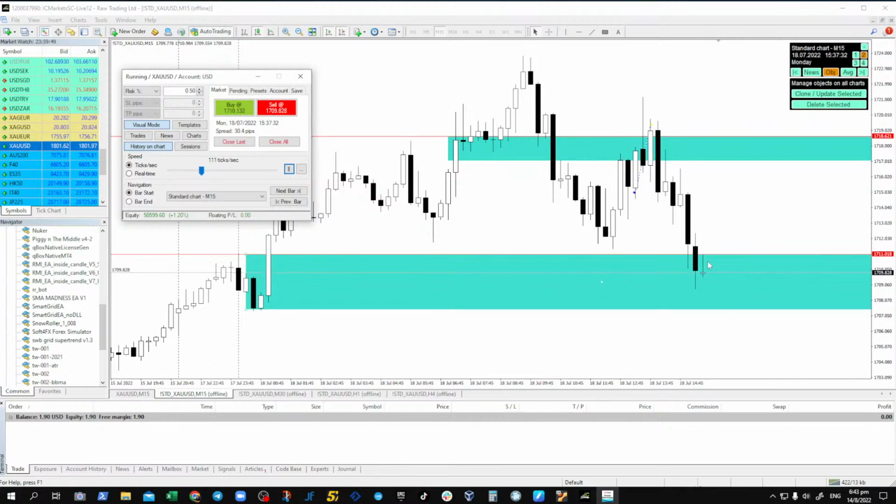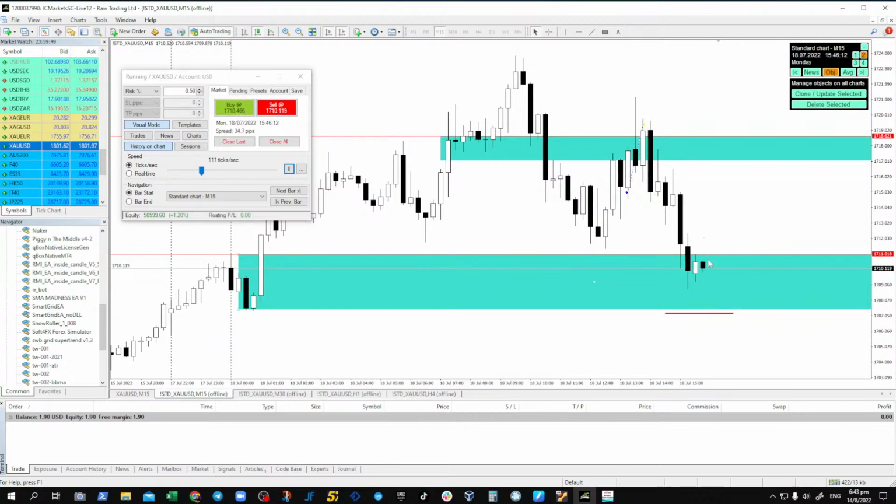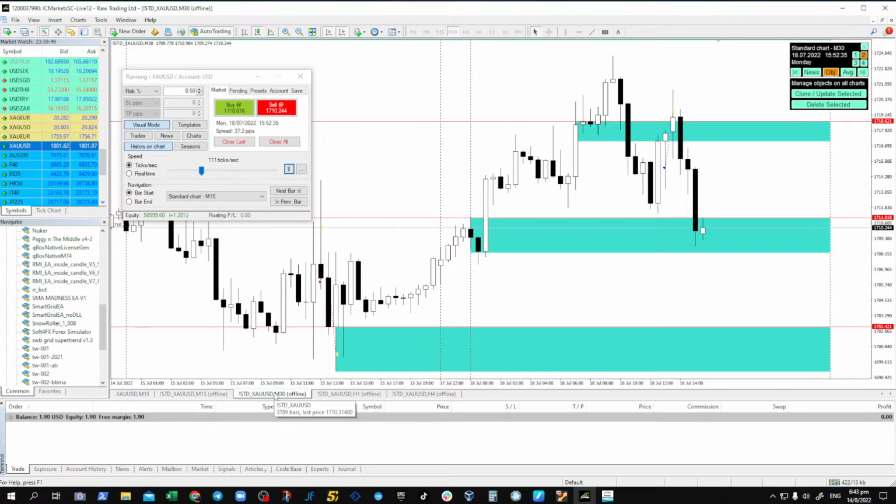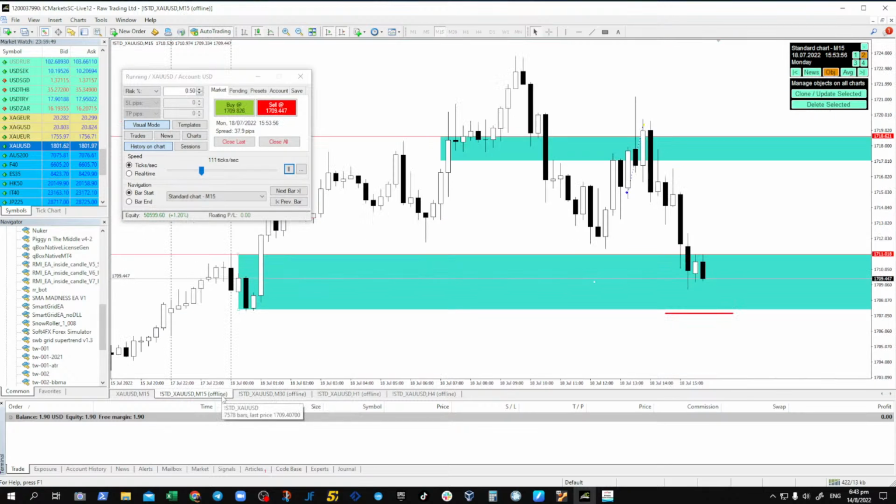We want to see price break below here to make a break of structure, or make a pin bar or a rejection price action to continue to go bullish. So look at M30, the candle is still open. It's close to 9 p.m.